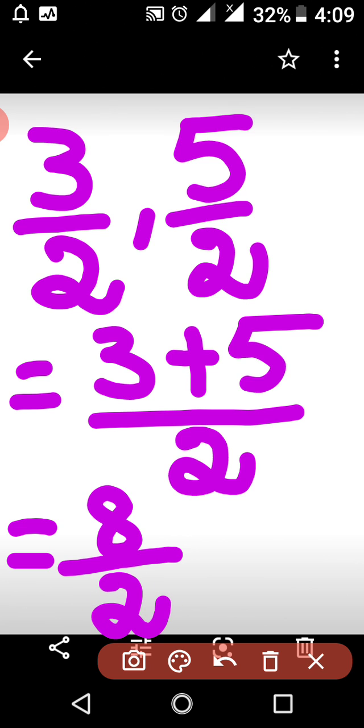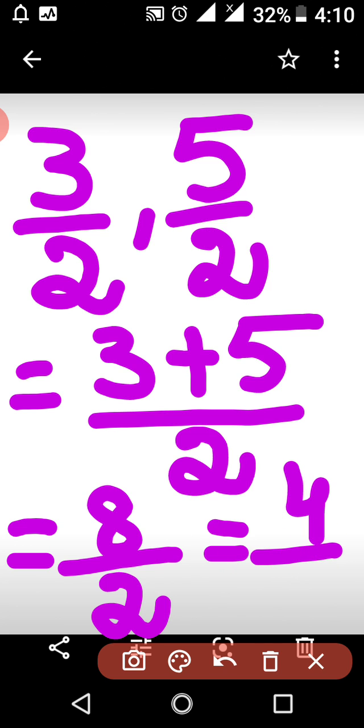Now 8 by 2 is the answer, but if you observe, 8 and 2 both have a common factor 2. 2 4s are 8 and 2 1s are 2. So 8 by 2 is not said to be in lowest form or simplest form.